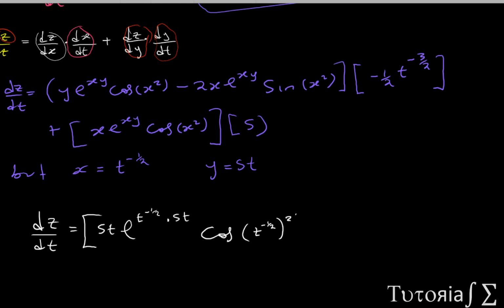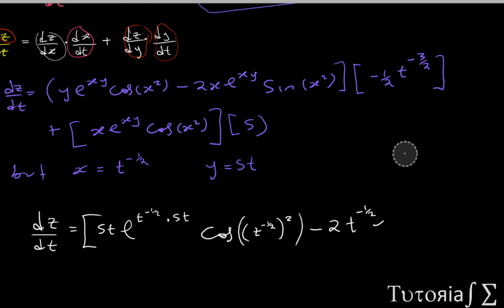So we are squaring what is inside of the cos. Then there is a minus there. I'll use circular brackets so that you don't confuse them. Minus 2 times our x, which is t to the negative half.